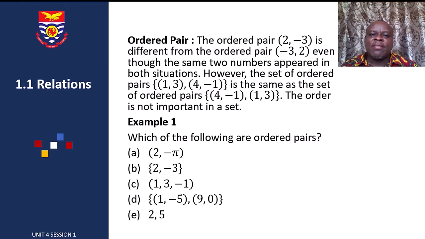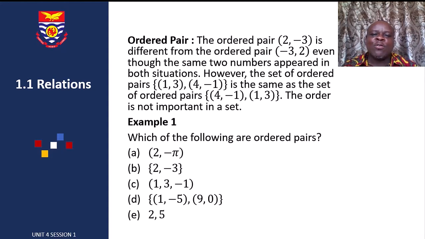If you have ordered pairs in braces, or enclosed by curly brackets, that gives you a set. So you can have a set of the first ordered pair, (1, 3), and the second ordered pair, (4, -1). Then you have another set, and in that set, the first ordered pair is (4, -1), and the second is (1, 3).